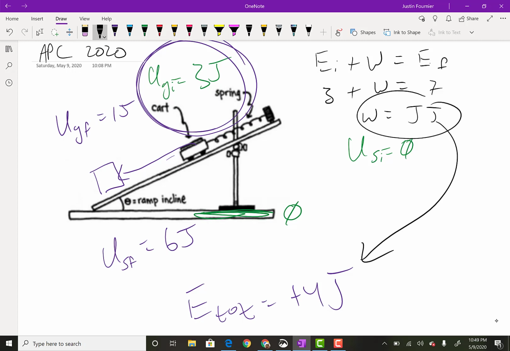So hopefully you can see here, at least what I've shown you here, is that wherever you make your 0 mark isn't really the point. What you want to worry about is how the change in potential energy matters, and often you want to be strategic.